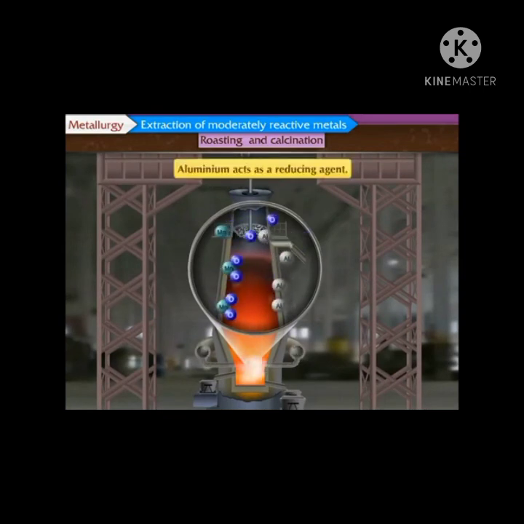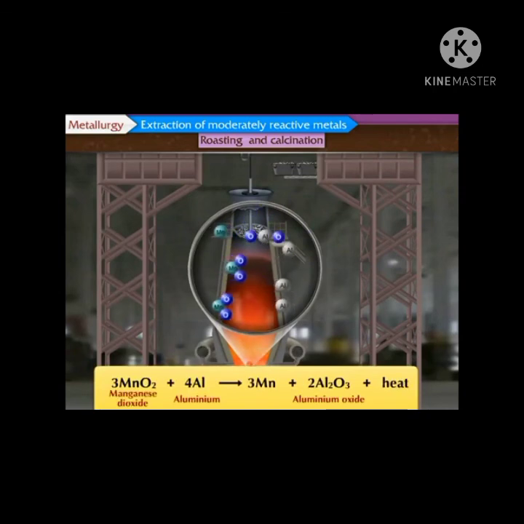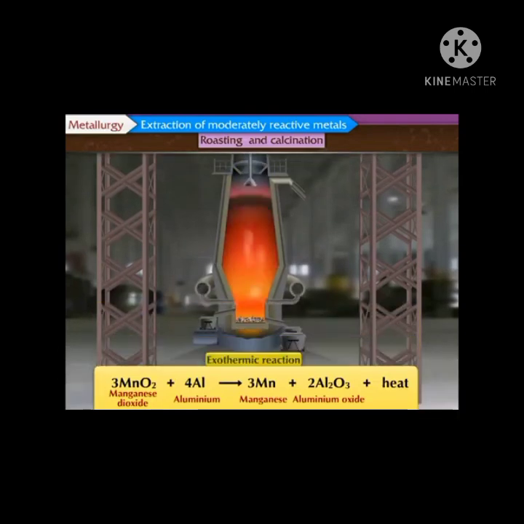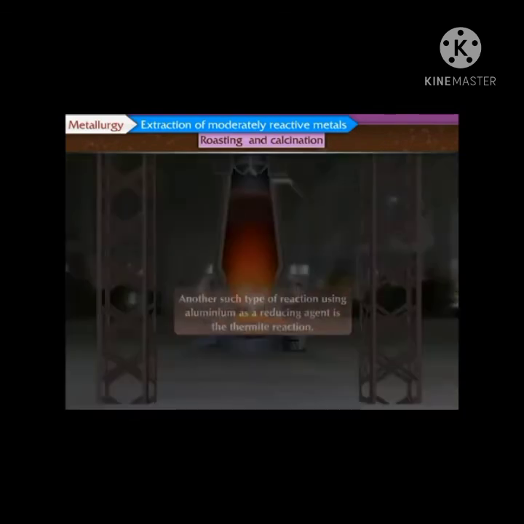Here, aluminium acts as a reducing agent. In this reaction, aluminium is oxidized to aluminium oxide and manganese dioxide is reduced to manganese. It is an exothermic reaction and the manganese produced is in the molten state. This is also a displacement reaction in which manganese is displaced by aluminium.